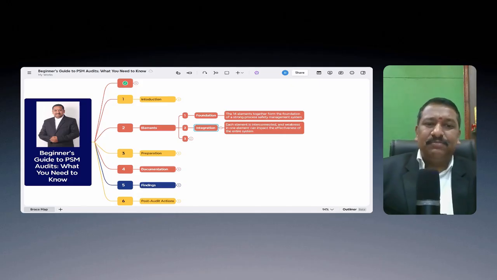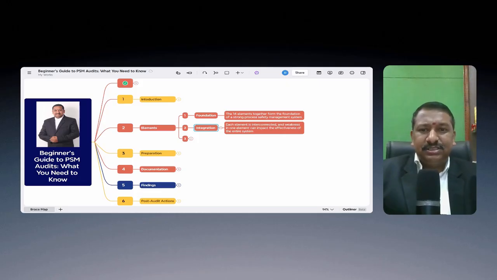If you consider the example of the 14 elements, such as organization, operating procedures, process startup safety reviews, mechanical integrity, management of change, work permit systems, trade secrets, each element is interconnected with another element. So the weakness in one element can impact the effectiveness of the entire system.